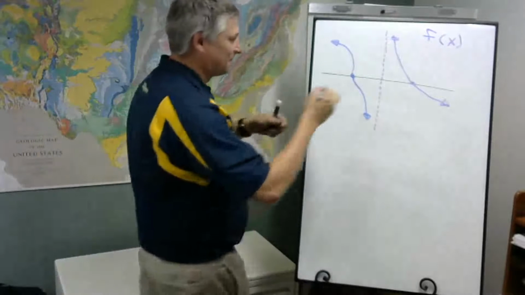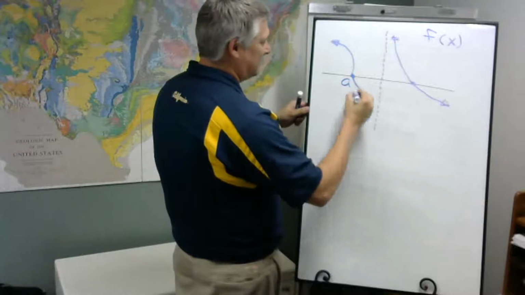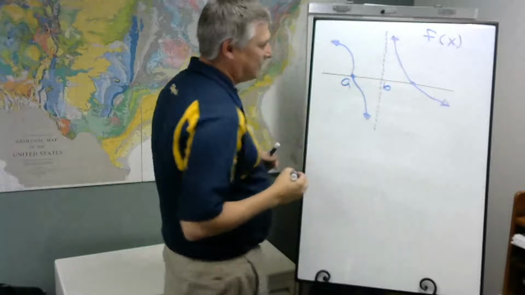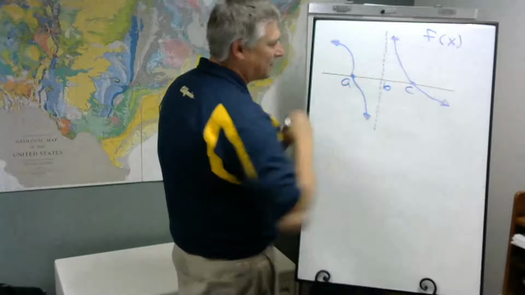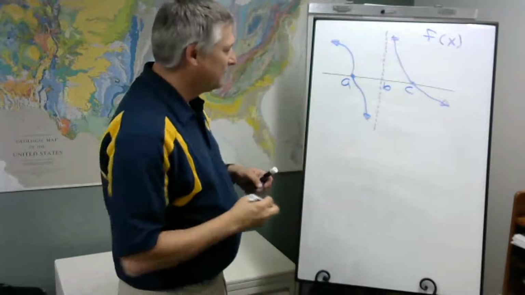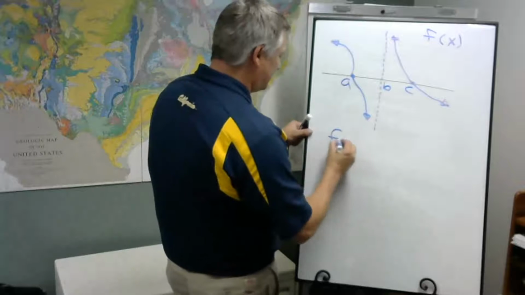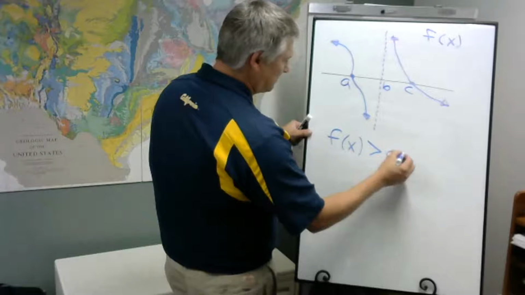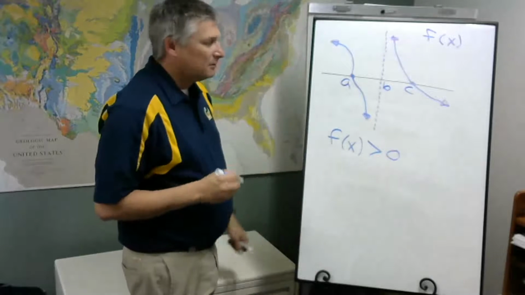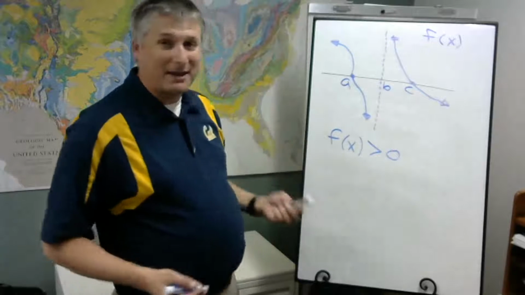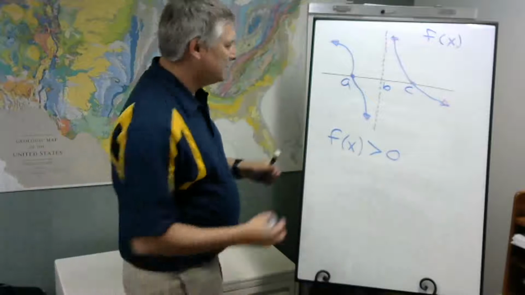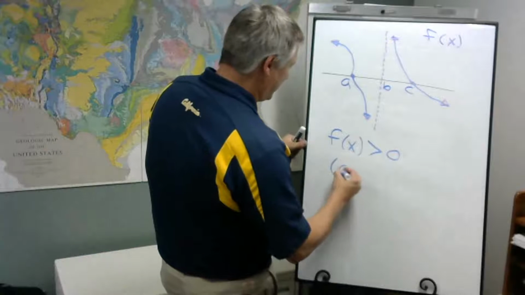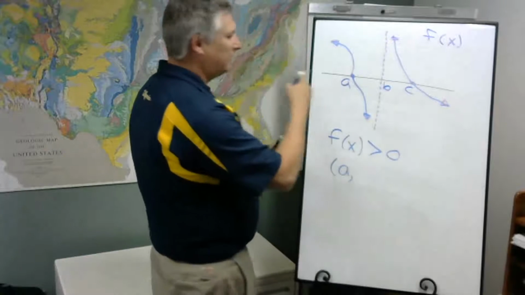Taking a look at this function, call this intercept a, say this is at x equals b, and this is intercept c. So you want to see where f of x is greater than 0. Well, that's where the function is above the x-axis. That's going to be to the left of a.